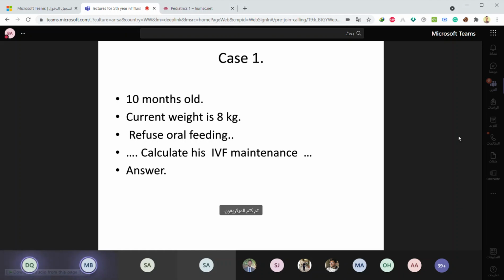How did you calculate it? He needs 800 ml, I multiplied 8 times 2 to 3, and I got 24. Okay, good, excellent. Either we calculate 2 to 3 per kg or 2 to 3 for each 100 ml, like your colleague calculated. So he needs 24 milliequivalent sodium in 800 ml.